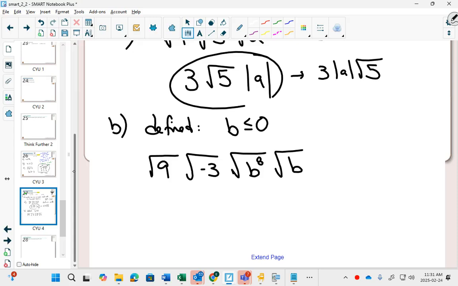Because if you square root an even exponent, it's going to be fine. However, if I show my work this way, I have a problem. Even though this is just my work, I just wrote square root of a negative number, which is never allowed. So, oops.